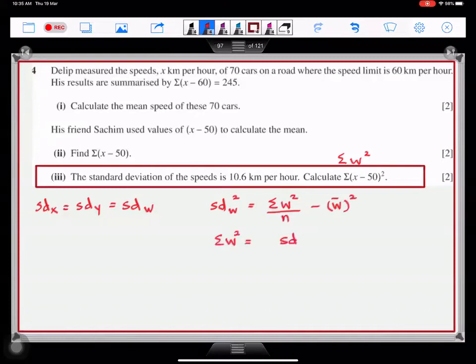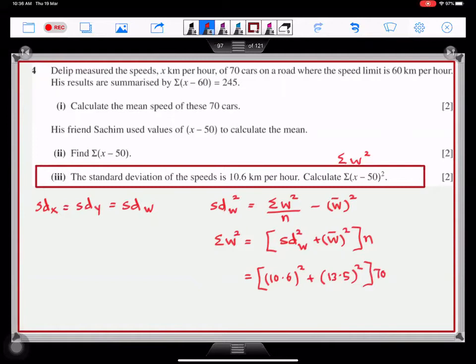Sigma w square should be made the subject. That is standard deviation square of w plus w bar square, bracket closed, multiply it with n. Therefore, this is 10.6 square plus 13.5 square, bracket closed, multiplied by n. What is n? 70. And then you get this answer.